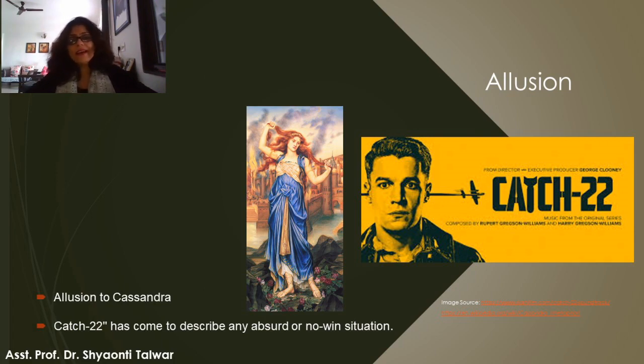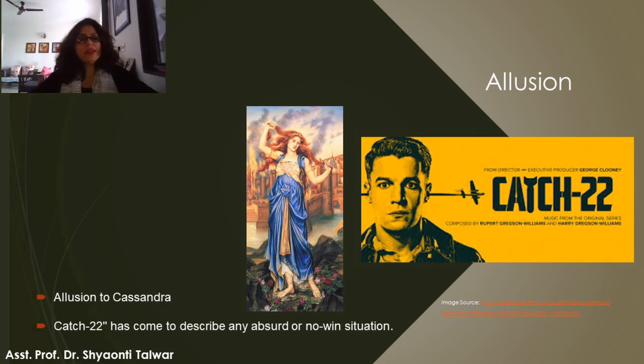So when I say I'm in a Catch 22 situation, or she sounds just like Cassandra, it means that I and that person belong to a culture which is aware of these works, or these figures, or these characters like Cassandra, or Joseph Heller's work Catch 22, right?